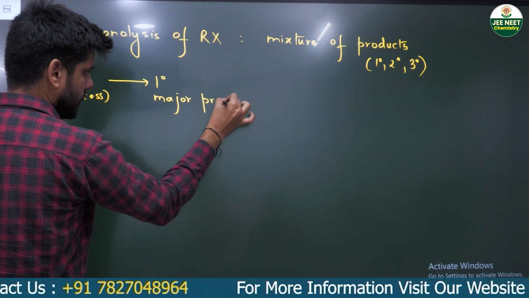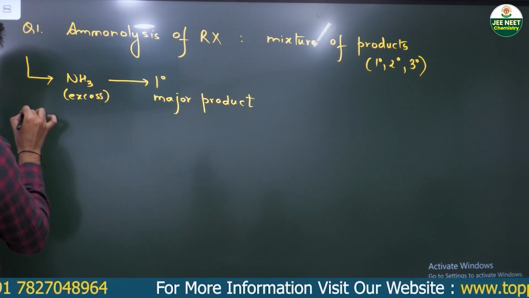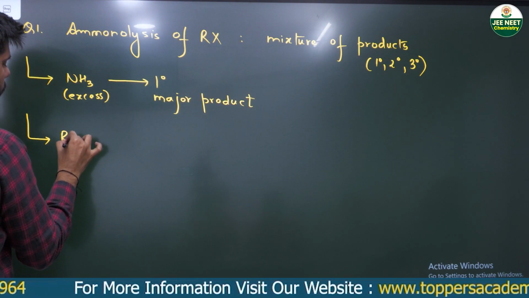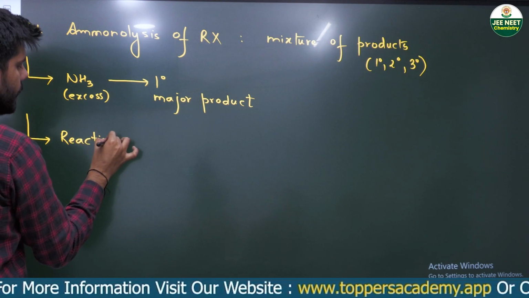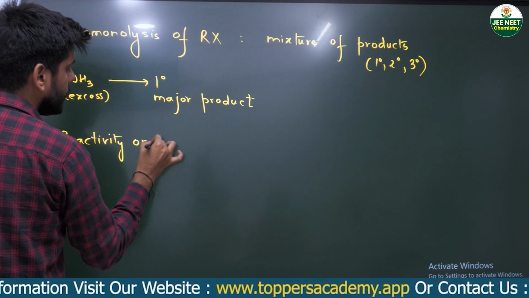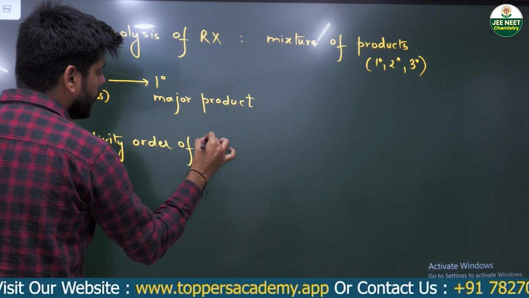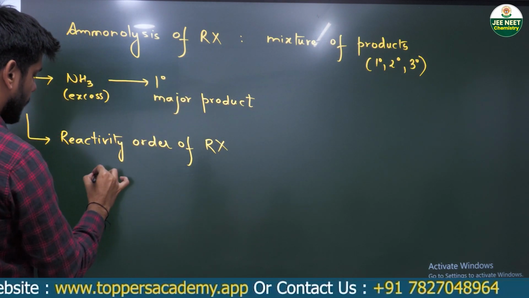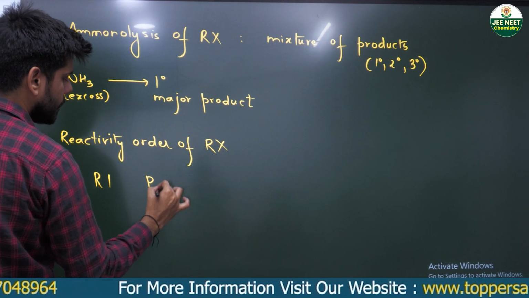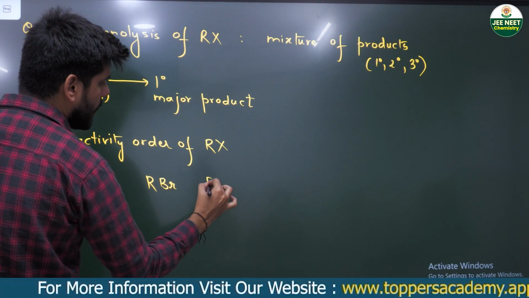Alright. Now suppose I ask you, can you arrange the reactivity order of RX here? Suppose you have RI, RBr, RCl. Tell me which one is more reactive.